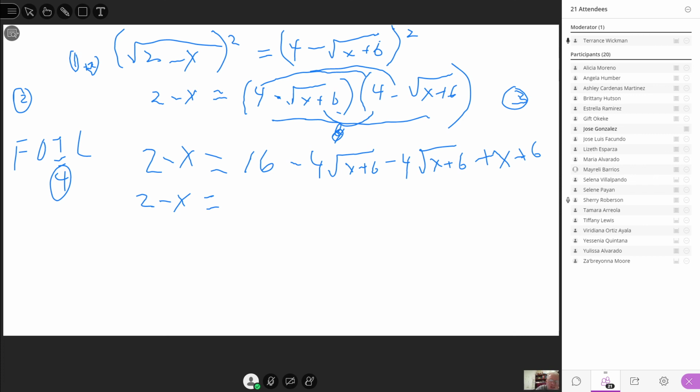Now remember, x is not the same thing as the square root of x. How many x's do we have? 1. Okay, we have 1. I'm going to put that down here. How many negative 4 square roots of x plus 6's do we have? 2. So how many would it be altogether then?